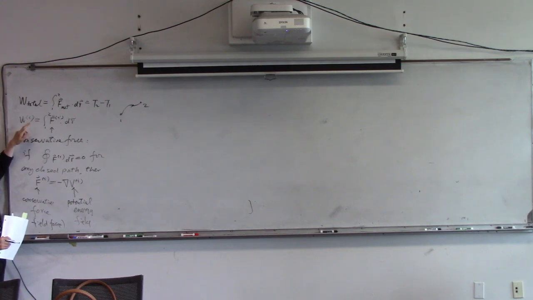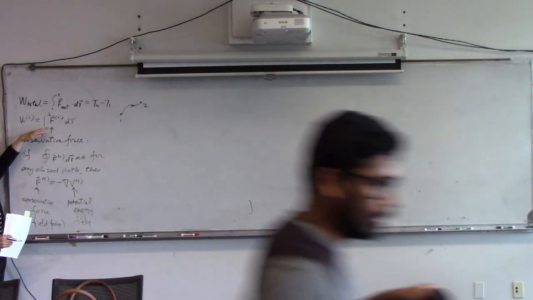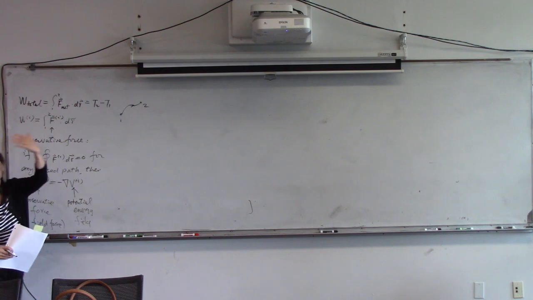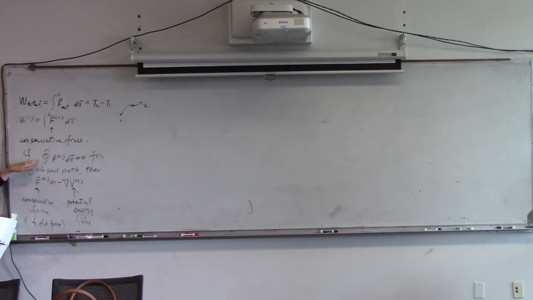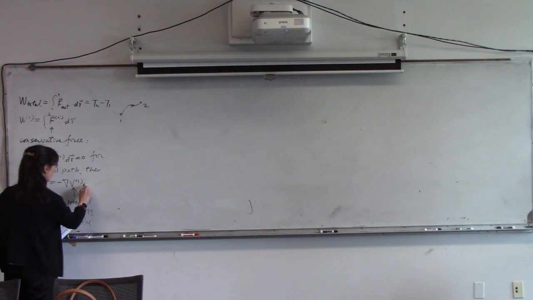Among this type of force, there are particular forces which, in any closed path, the work done on the particle is always equal to 0. For this particular force, we find that it is equal to the negative of the gradient of V_i, which is a potential energy field, a function of r.